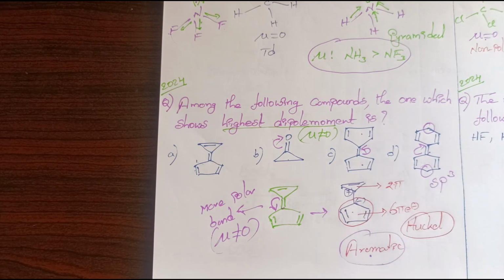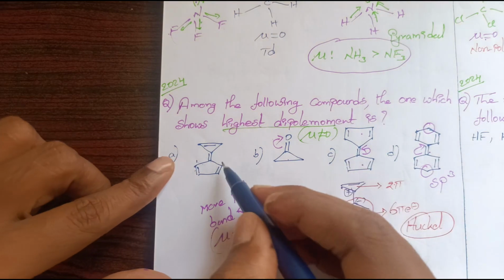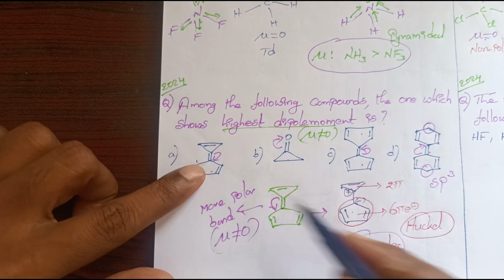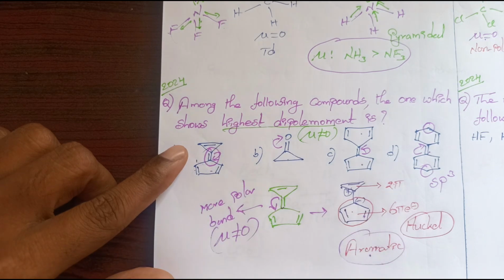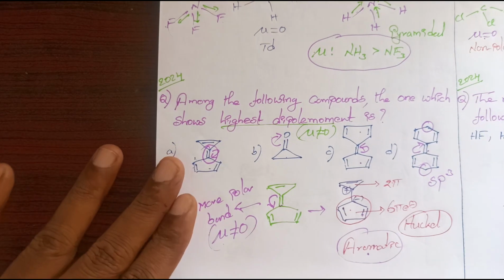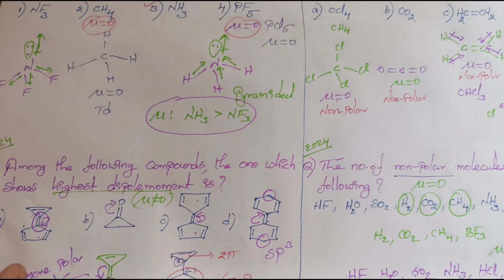Non-aromatic compounds are unstable. So after bond shifting in this direction, the resulting compound is aromatic, and that is why the bond is more polar in nature and has the highest dipole moment. These are the 2024 dipole moment based questions, students.